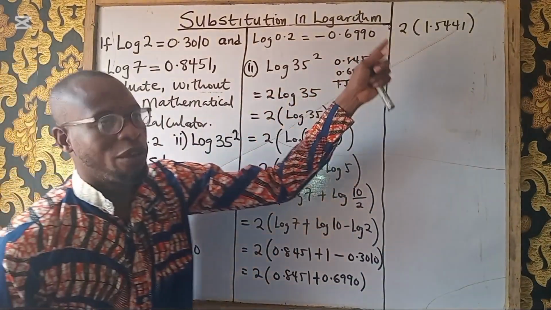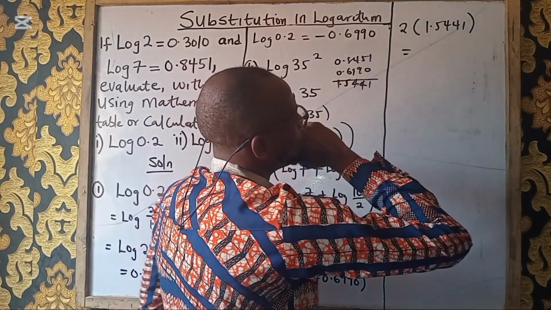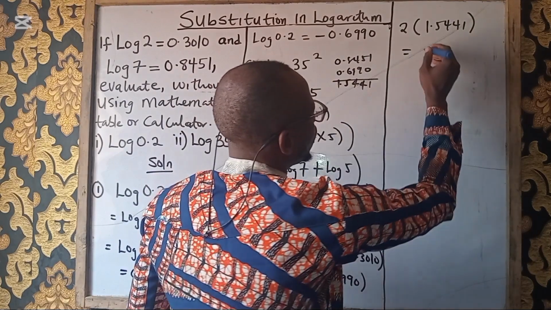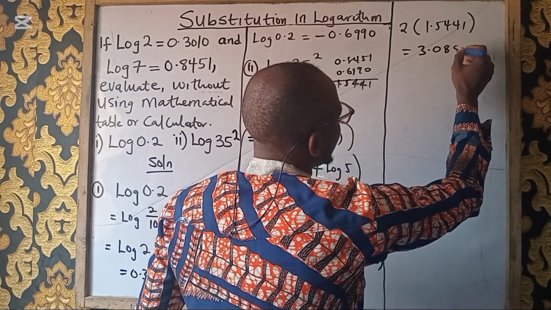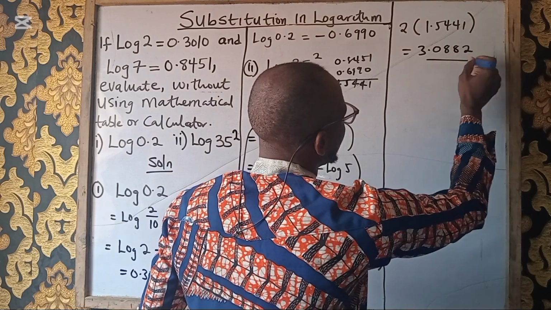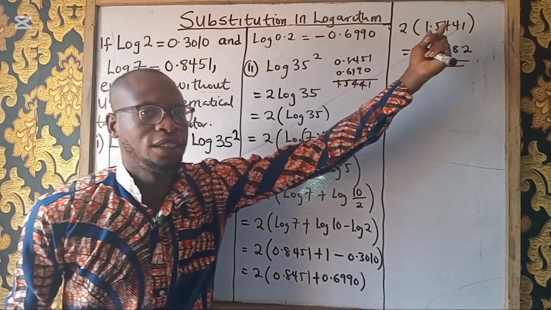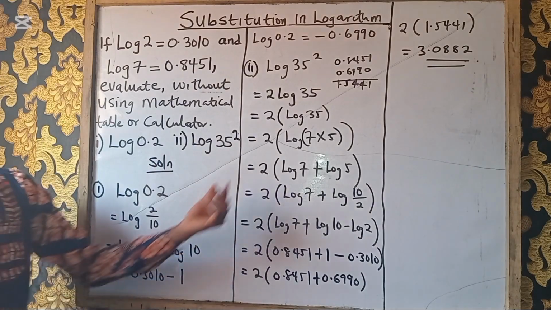So we now multiply. So 2 times 1.5441. We also do the same thing in that format, and that should give you 3.0882. So this will give you 3.0882 when you multiply this by this. So the reason why they ask not to use a calculator is because you see some of these answers that we got here.